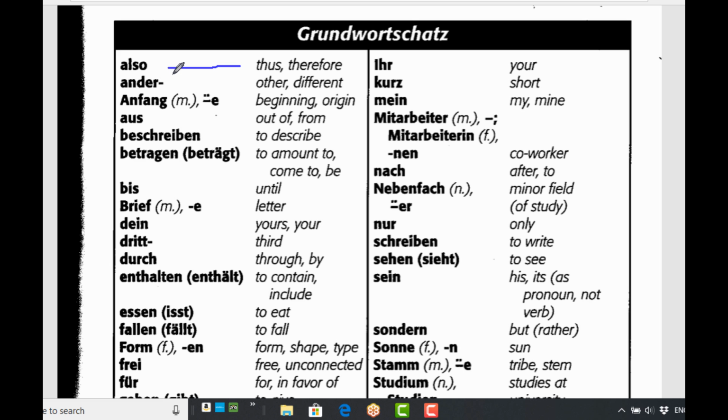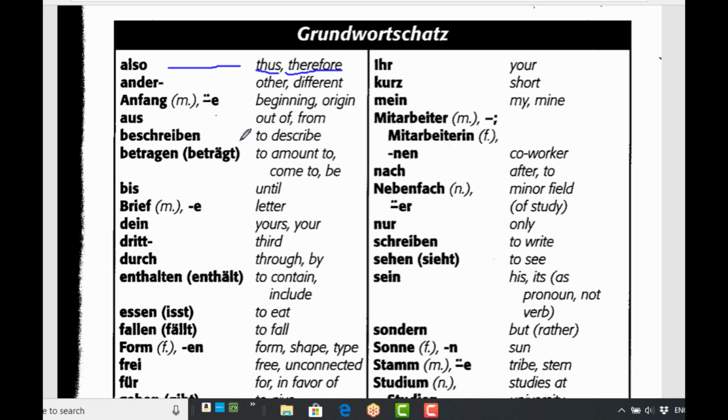Also is what we would call a false friend because it sounds like the English word also, exactly spelled the same way, but means thus instead, not having a commonality with also in English. And what about Nietzsche's Also sprach Zarathustra? Is that a good way to remember that? Yep, absolutely. Thus spake Zarathustra. Exactly. Good way to remember that.